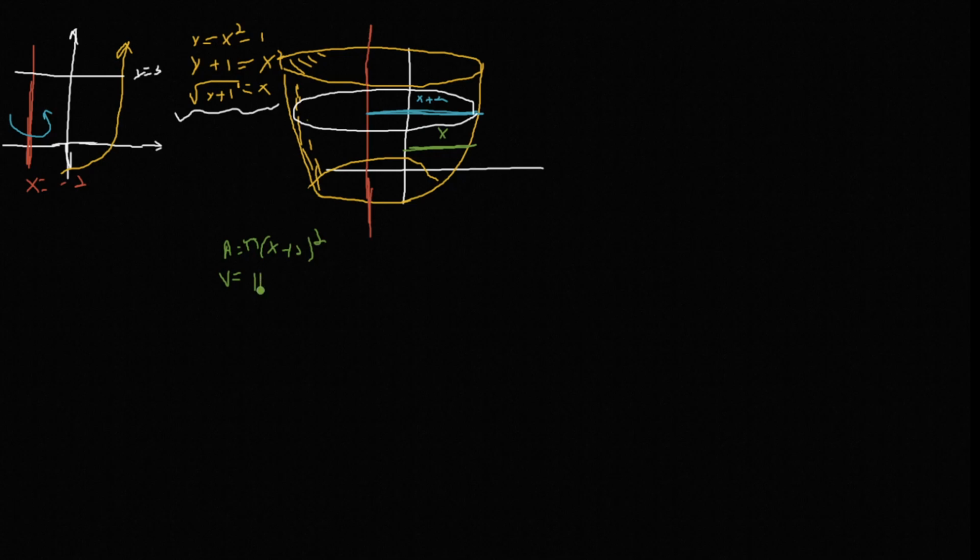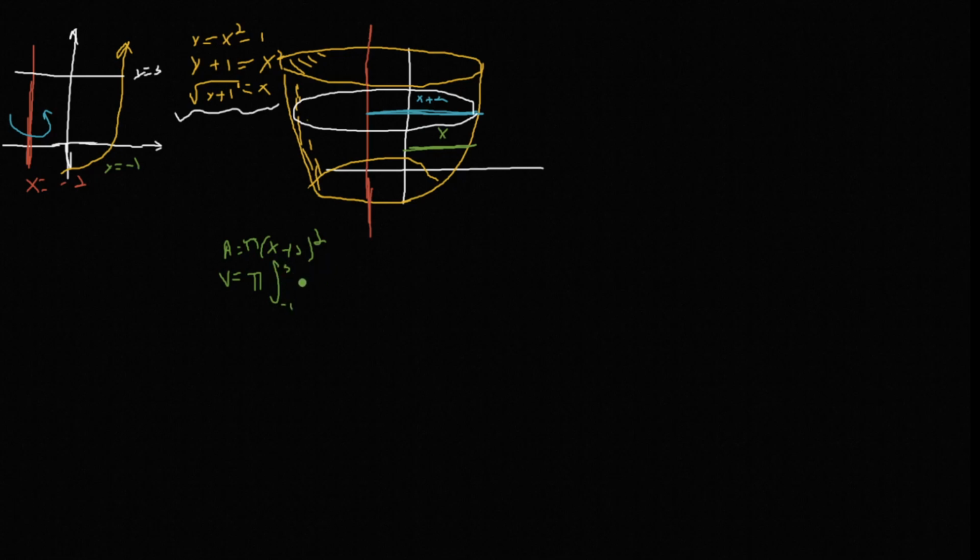So we can pull out a pi. Let's just integrate from y is equal to -1 to y is equal to 3. So that will be our bounds of integration, -1 to 3.